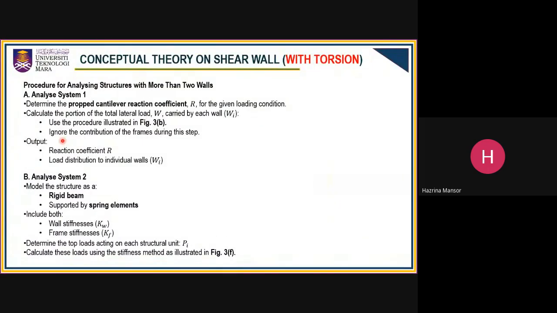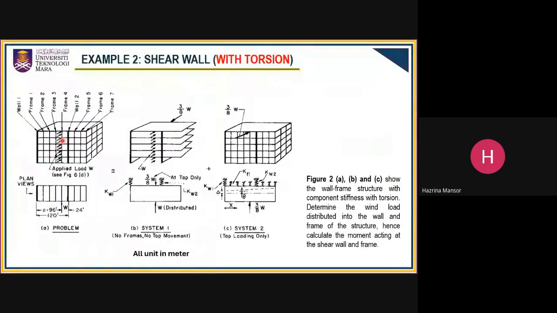So in this particular case, let's look into the examples. Taking into consideration these examples, the problem given to you is two walls with 7 frame structures, and the idealization in plan view is given as you can see in figure A.